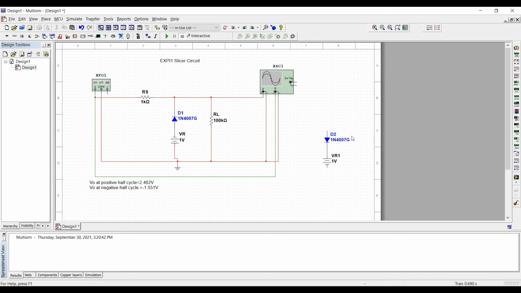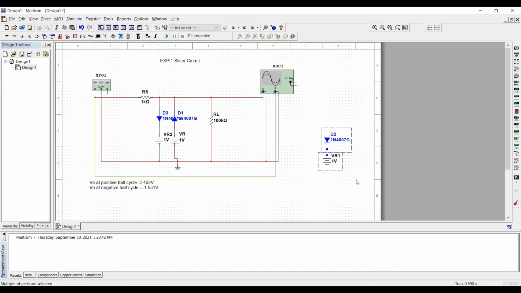Again select this. Copy it to the main circuit. This is your bias positive clipper. If I connect this part, diode D3 with the resistance is my bias positive clipper. Connect it over here. This becomes the circuit of bias positive clipper.